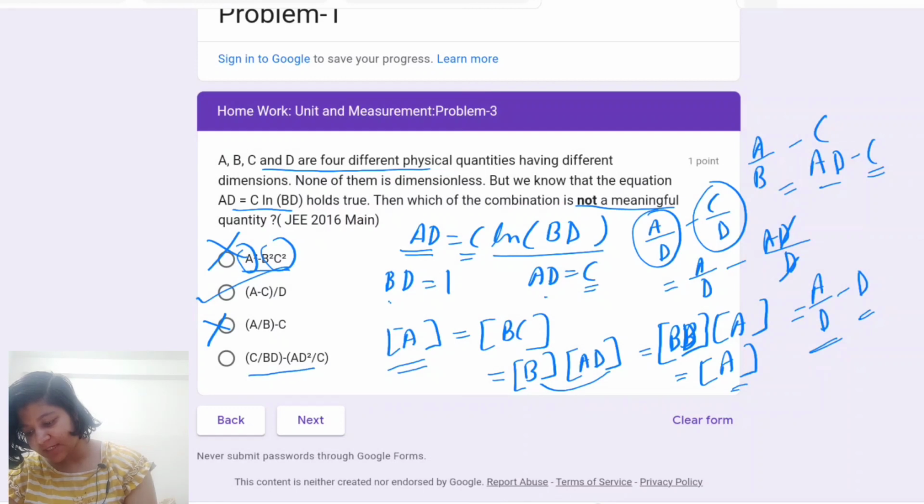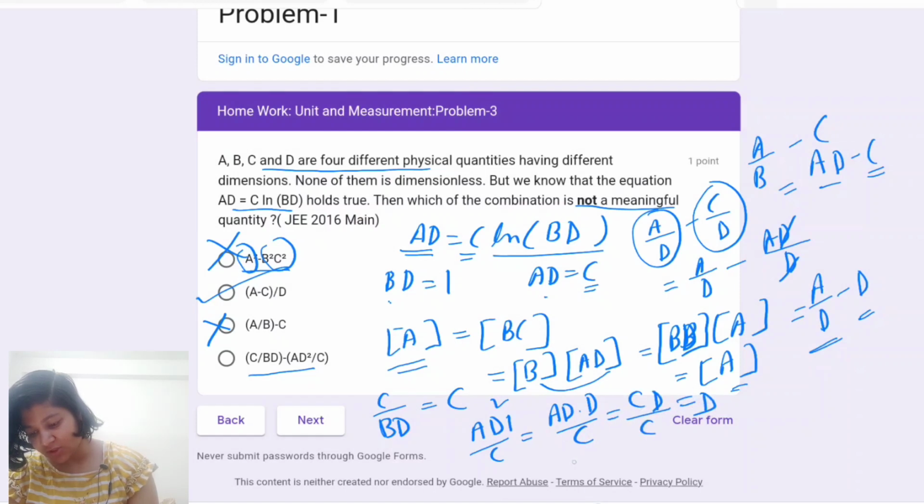And C by BD, AD square by C. C by BD, BD is 1, so C by BD has the dimension of C. AD square by C, AD into D by C, AD has the dimension of C into D by C, which also has the dimension of D. So this has the dimension of C and this has the dimension of D. So they do not have the same dimension.